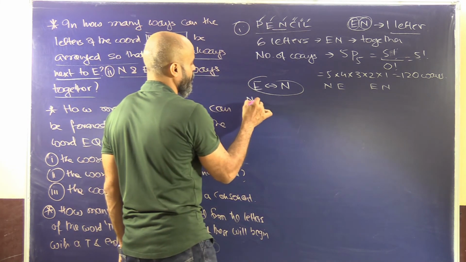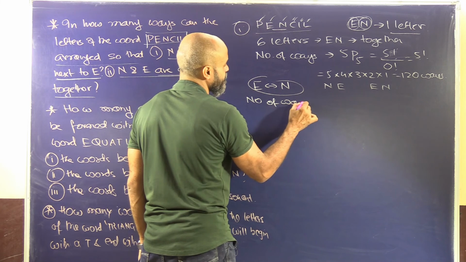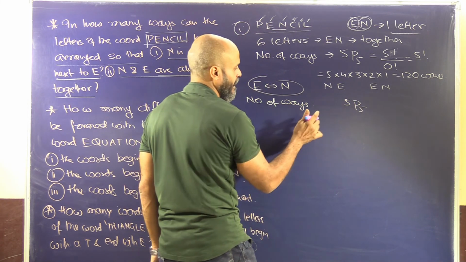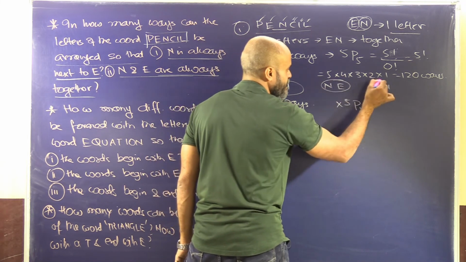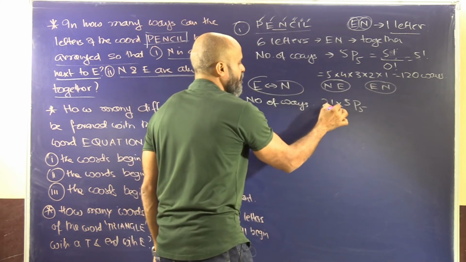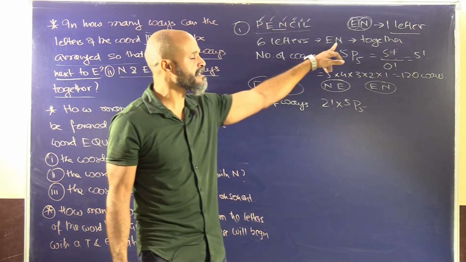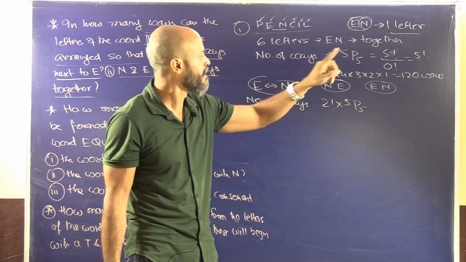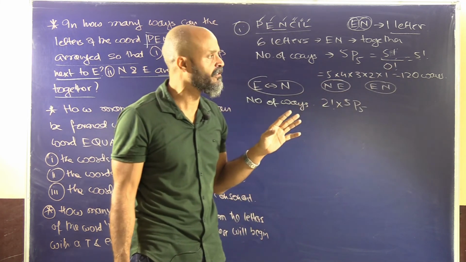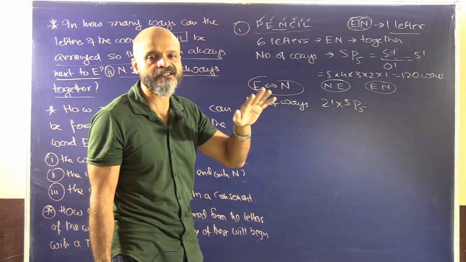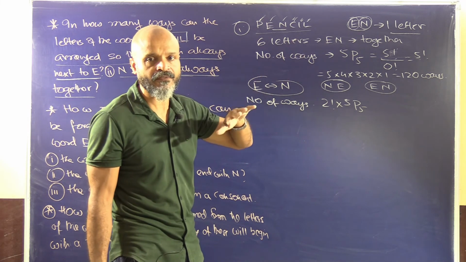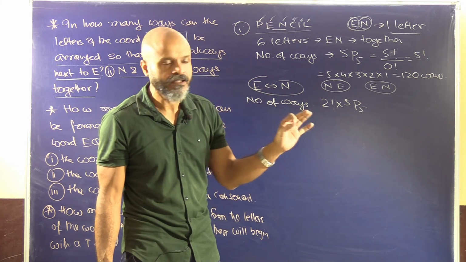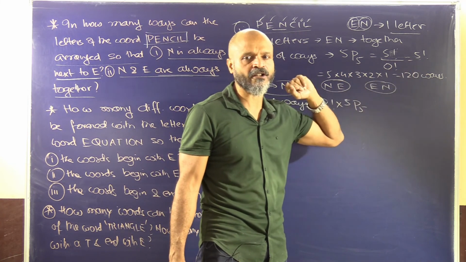So now the number of ways will be again factorial 5, that is 5P5, but within themselves these 2 letters can be arranged in factorial 2 ways. In the previous case there was just one arrangement, n just next to e, and hence we got just factorial 5 ways, because instead of considering 6 letters we have considered 5 letters, wherein the en combination has been considered to be one letter.